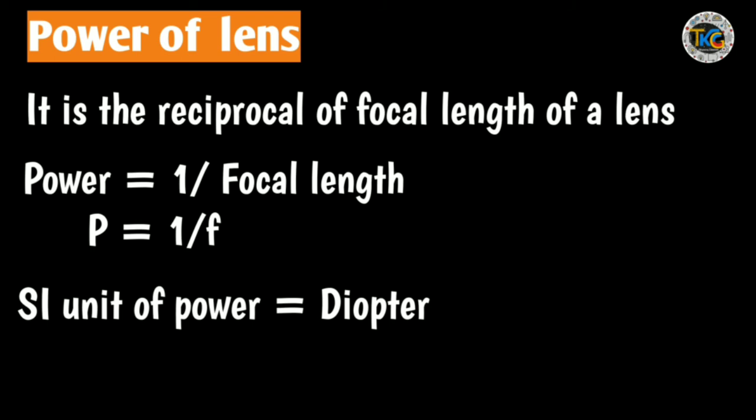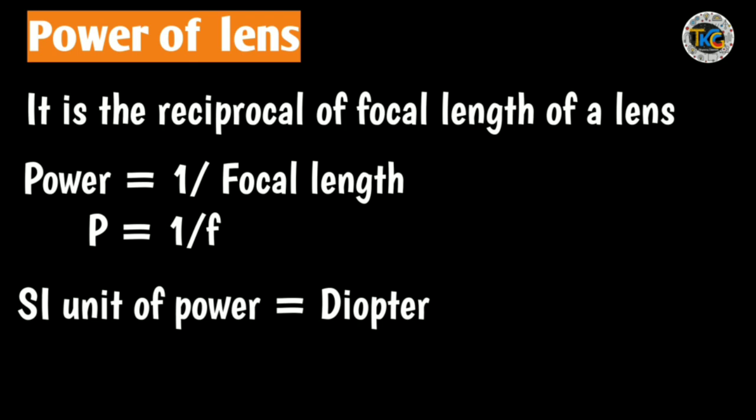The power of a lens is related to focal length by the equation P equals 1 by F, where F is measured in meters. But if F is in centimeters, then the formula will be P equals 100 by F. P is the power and F is the focal length, measured in centimeters.